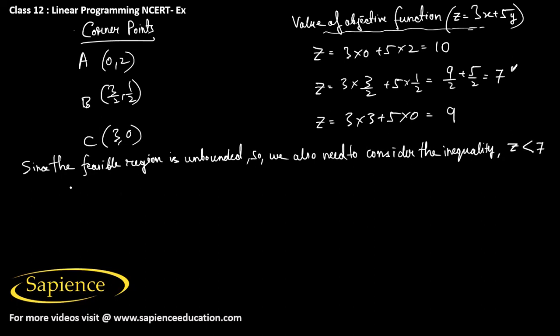That also we need to consider. It means we need to consider 3x plus 5y is less than 7. So we need to draw the solution region of this inequality also.